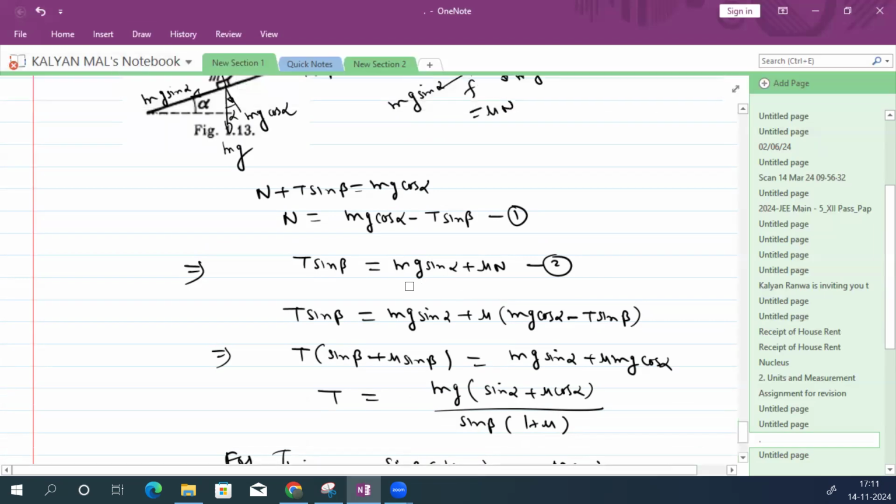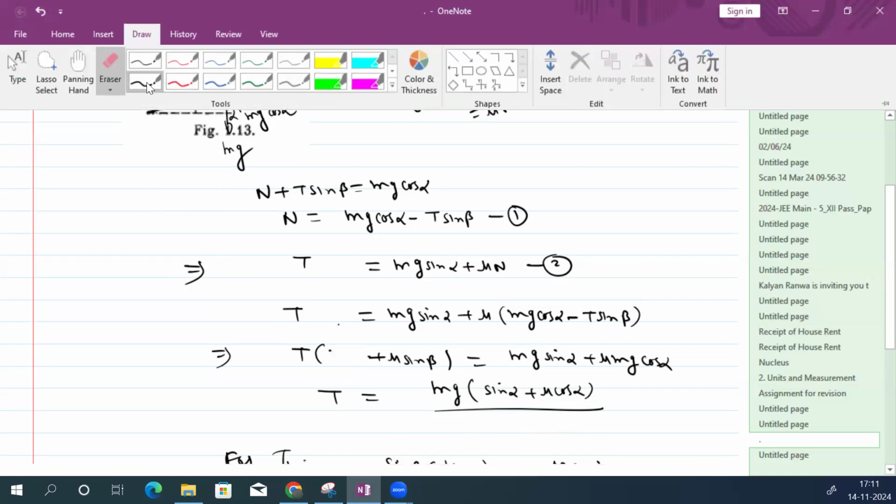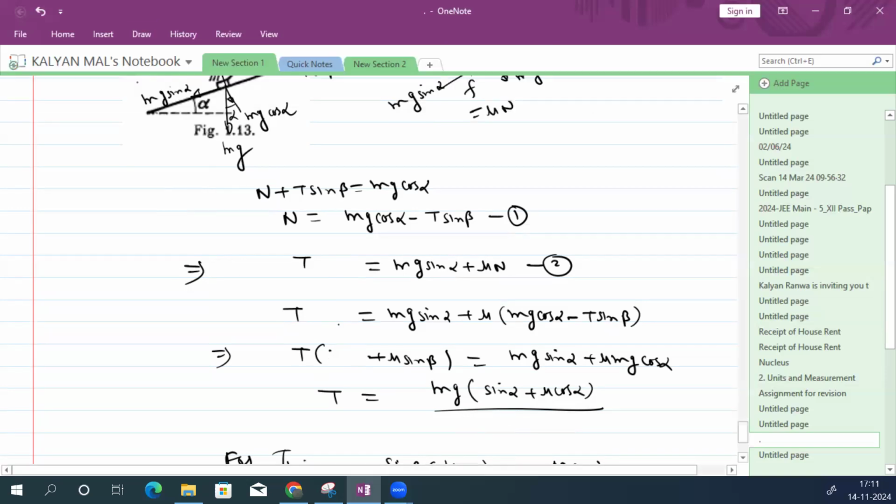Here is the beta, and everything is changing here. So T cos beta, and here is also beta, and this comes out to be cos beta plus mu sin beta.